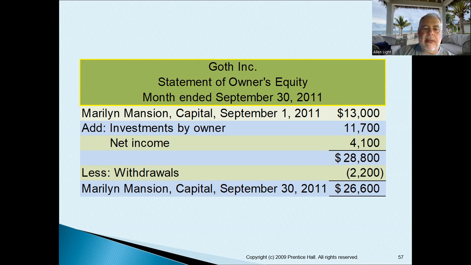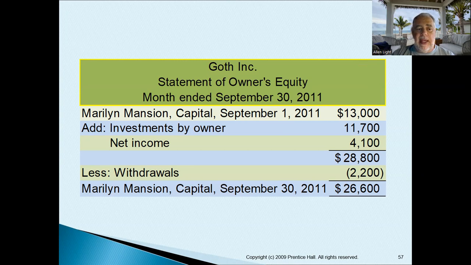Okay, so here's the statement of owner's equity. Now, in the beginning of our example, we started off with 13,000. Over time, the owner put in 11,700. We added the net income from the prior statement, 4,100. So we're adding $28,800 to their equity. They took out 2,200 for whatever reason.